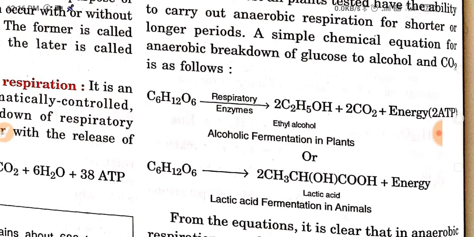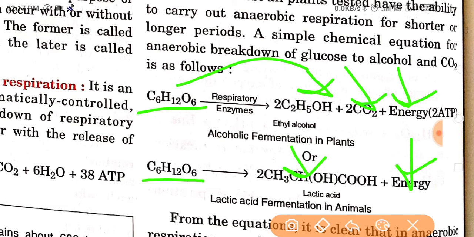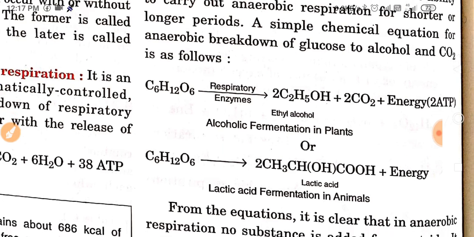Intramolecular means no foreign molecules or any other molecule is added in this reaction. It is just the breakdown of glucose into these various products. So you can understand it, I hope.